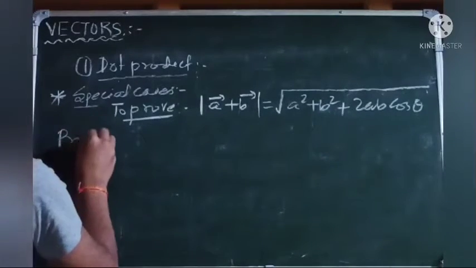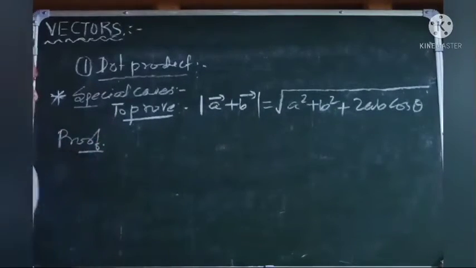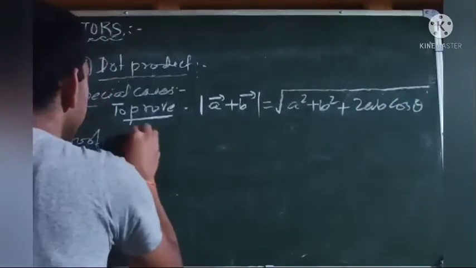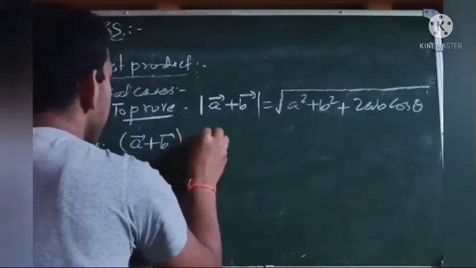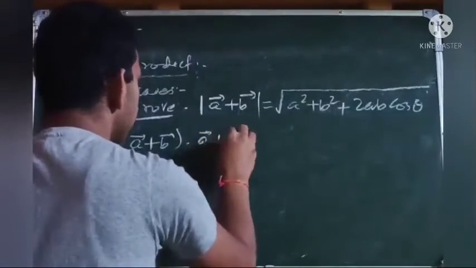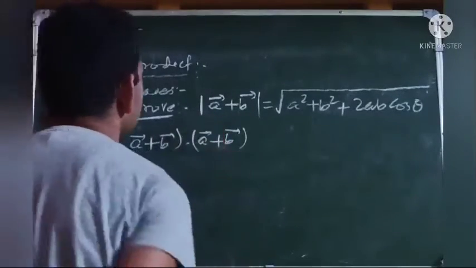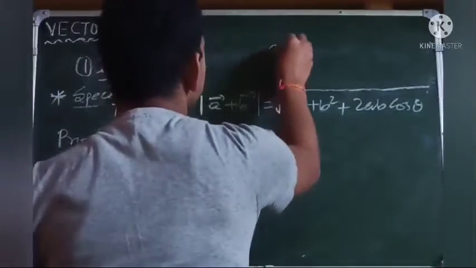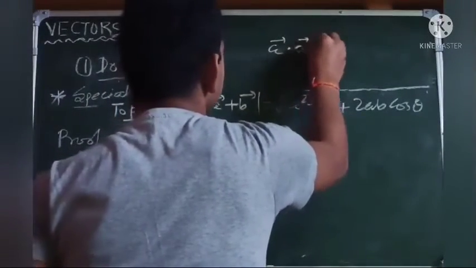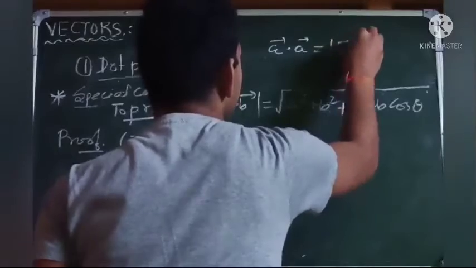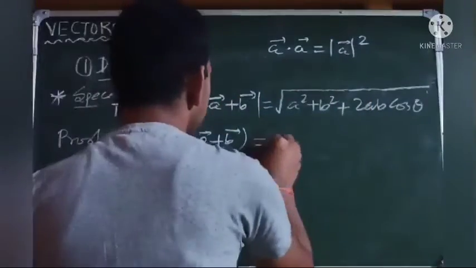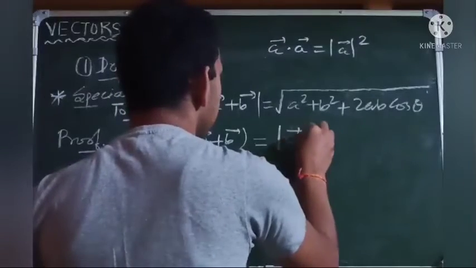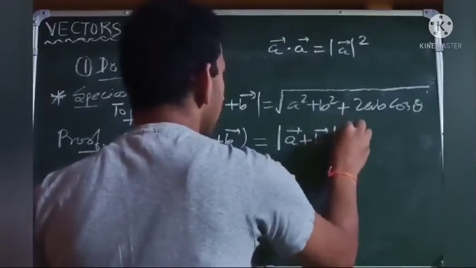Let's start the proof. Suppose we have a vector plus b vector dotted with the same vector, which is a vector plus b vector. Now, we have learned that a vector dot a vector is equal to mod of a vector whole square. So using this formula, we can write it as magnitude of a vector plus b vector whole square.